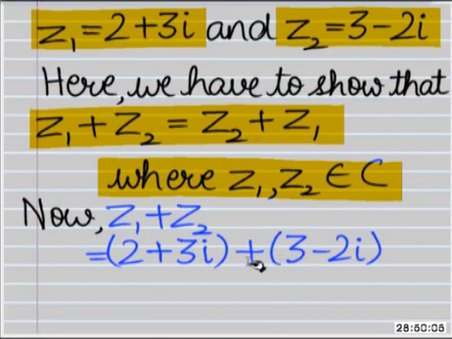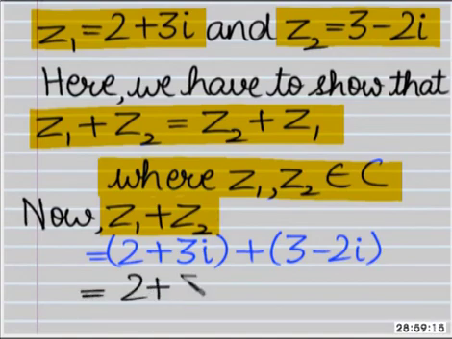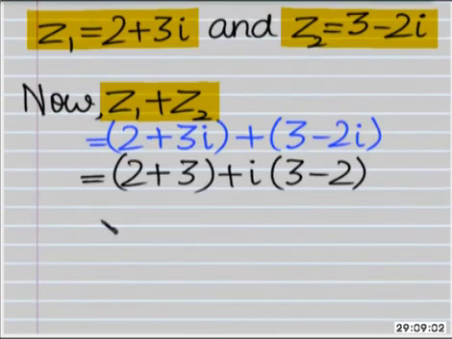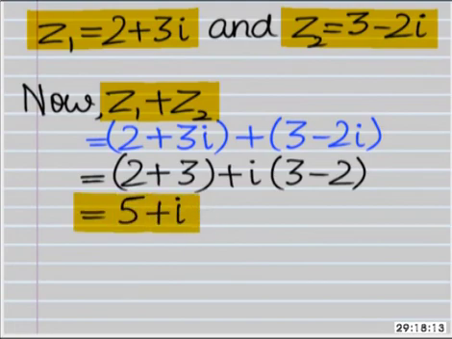Combining the real and imaginary parts and then solving it, we get z1 plus z2 is equal to 2 plus 3 plus iota whole multiplied by 3 minus 2, which is equal to 5 plus iota. Let this be equation number 1.